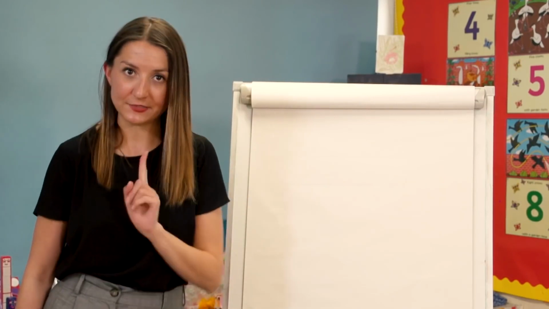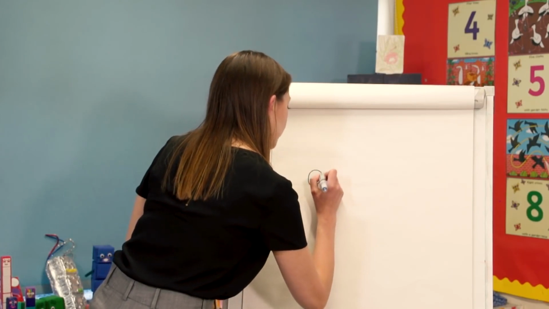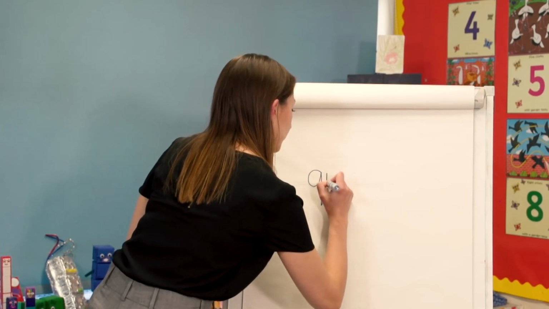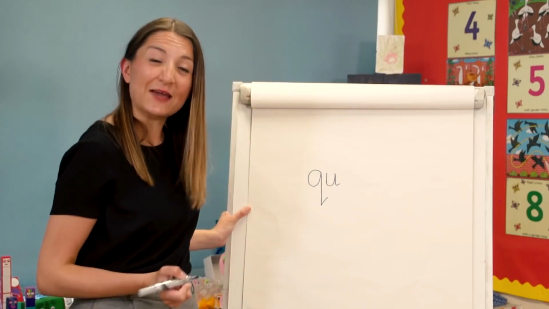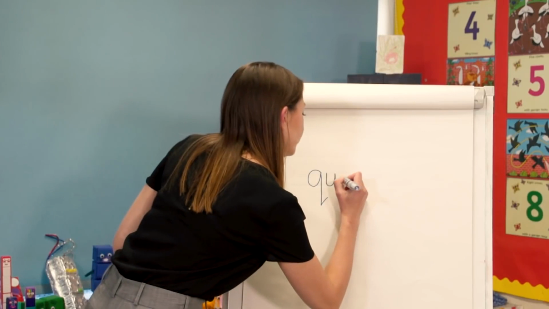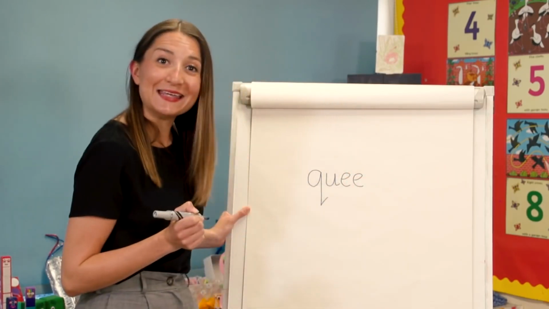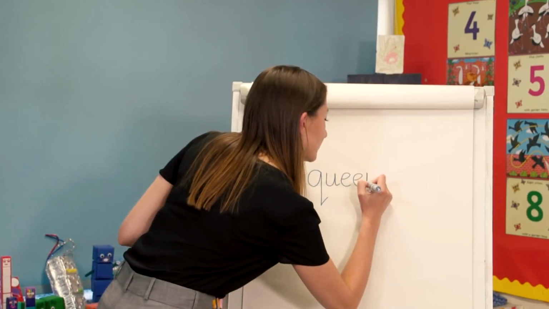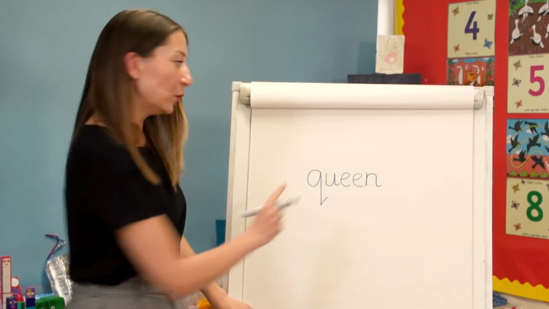My first sound is a digraph, qu. My second sound is also a digraph, ee. My third sound is n.